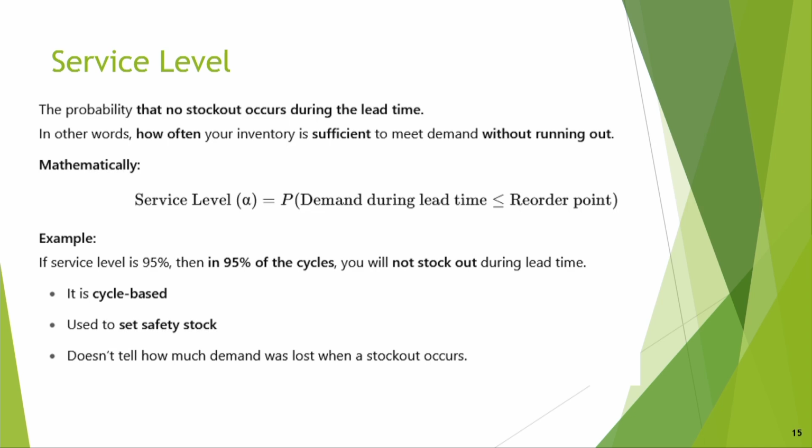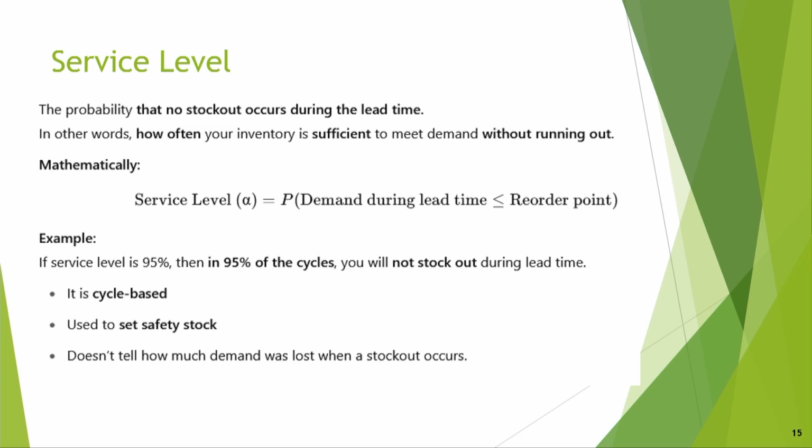Suppose out of 100 times, 90 times stock out does not occur, then service level will be 0.9. Mathematically, service level alpha is equal to the probability that demand during lead time will be less than the reorder point.